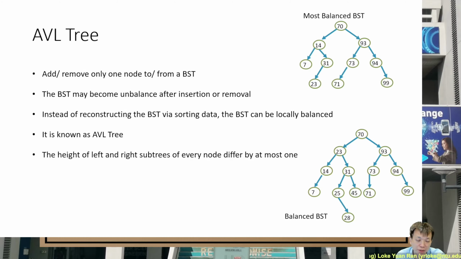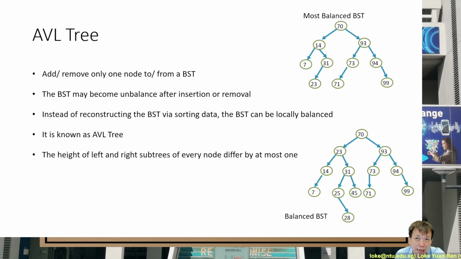That's when you have one subtree with a very long list, all left children or all right children. We try not to have this. But if you simply insert nodes one by one in arbitrary order, there's a very high chance it may become a long linked list.